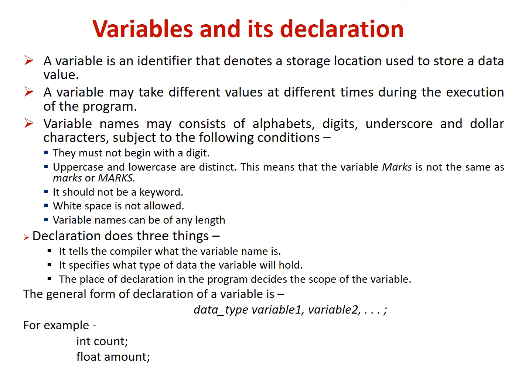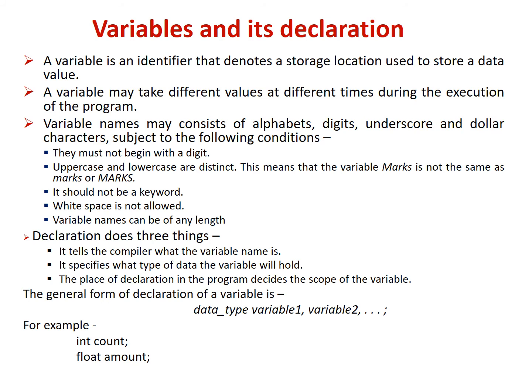Now we'll see variables and its declaration. A variable is an identifier that denotes a storage location used to store a data value. A variable may take different values at different times during the execution of the program.